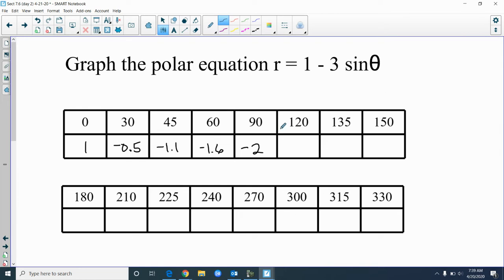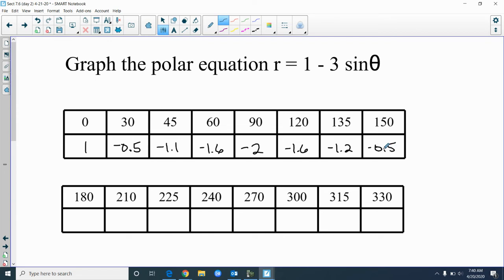And then I'll just wait for you here. So from 120, I got negative 1.6. 135, I got negative 1.2. And 150, I got negative 0.5.